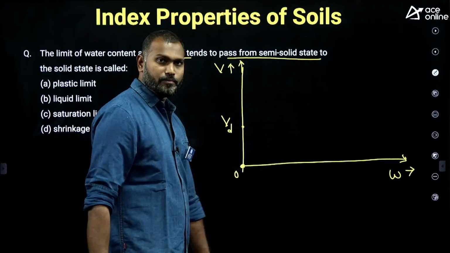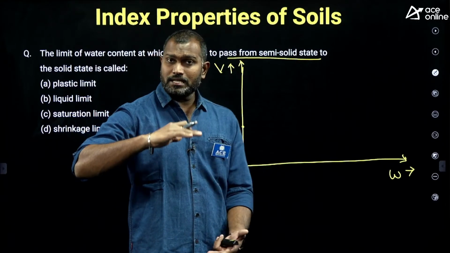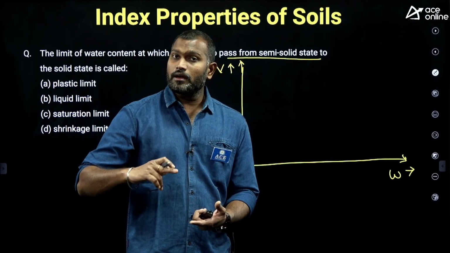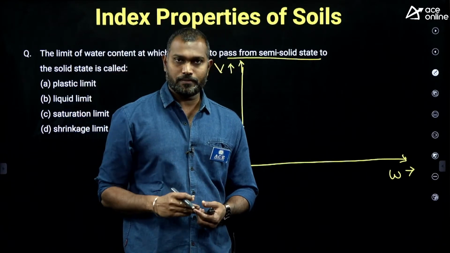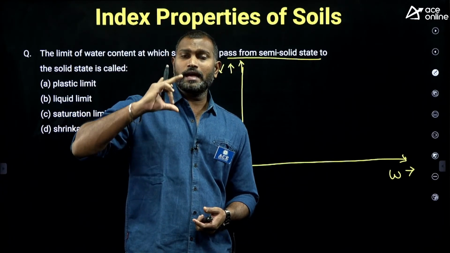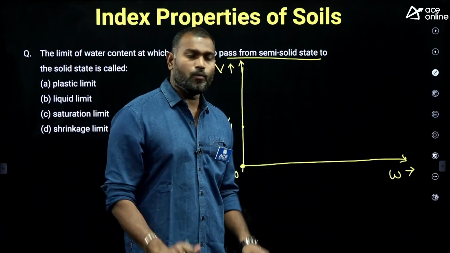At water content 0, whatever the volume is, it is the dry volume. Now, as you add water, initially as it is dry, entire voids are filled with air. Slowly the soil is going to get saturated. Till the moment the entire voids get filled with water, there will be no change in the volume.